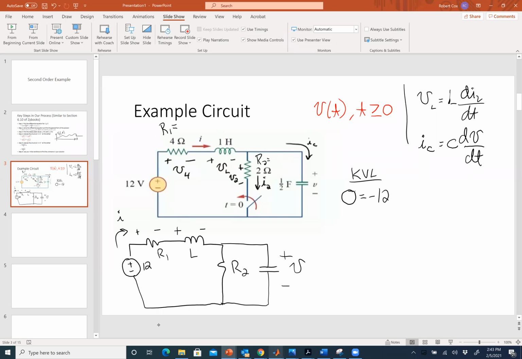Voltage of resistor 1, which is I times R1. So it's V4 as I've labeled it, plus VL, plus V2. What does V2 equal to? VC. Yes, the capacitor voltage, which is written there as just V.